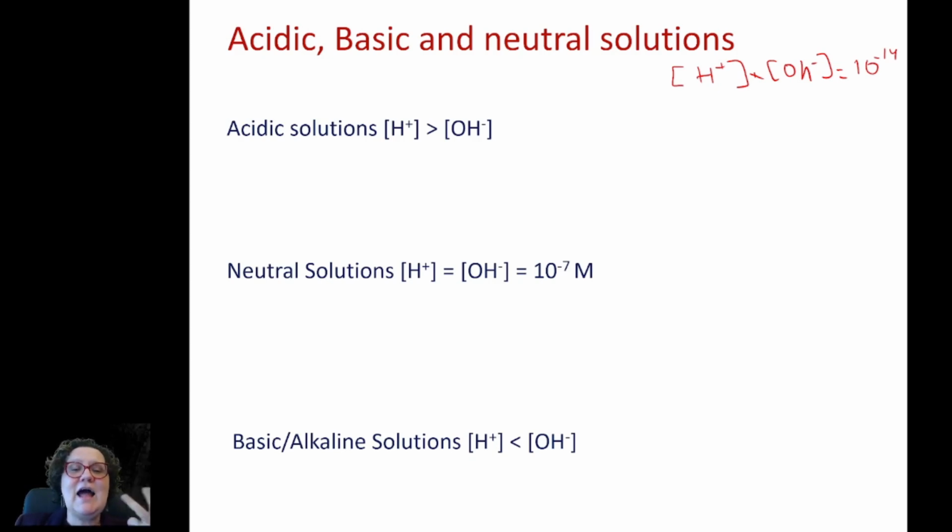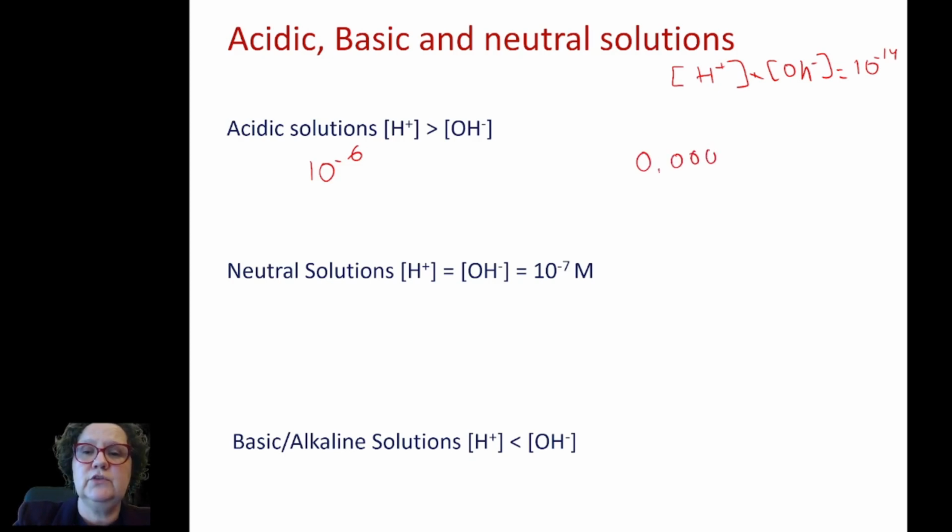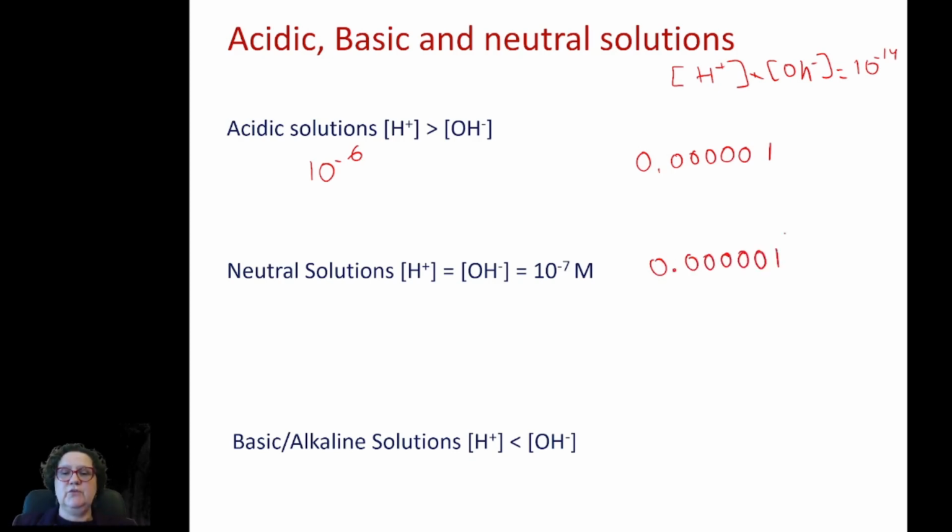So what would be a larger number than 10 to the minus 7? Well, a larger number than 10 to the minus 7 would be 10 to the minus 6. 10 to the minus 6 is larger than 10 to the minus 7. In case you want to do it, 1, 2, 3, 4, 5, 6. And 10 to the minus 7 will be 0.1, 2, 3, 4, 5, 6, 7, and 7 is a 1.